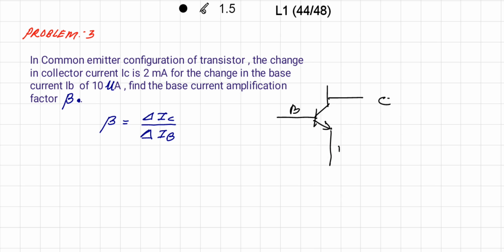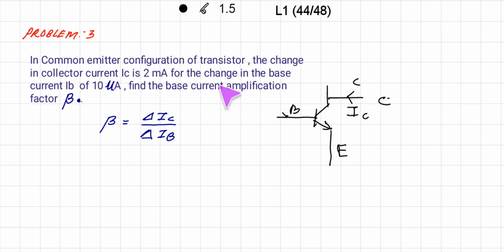So here emitter is common, so here it is base current IB, and here collector current IC flows, and we know that IE is equal to IB plus IC. So here the common emitter configuration, the change in collector current IC is 2 milliampere. So here current changes by 2 milliampere.